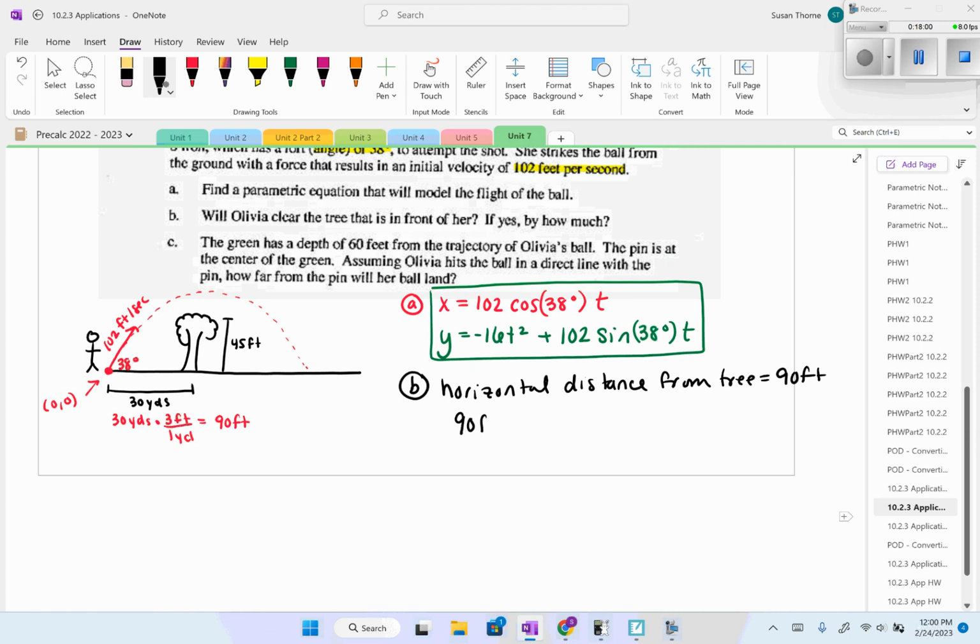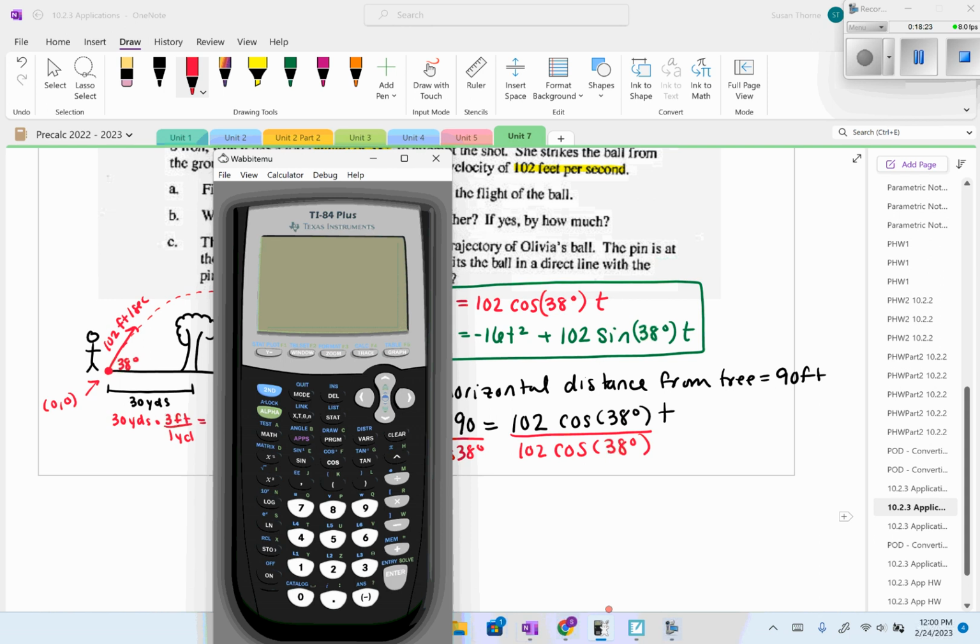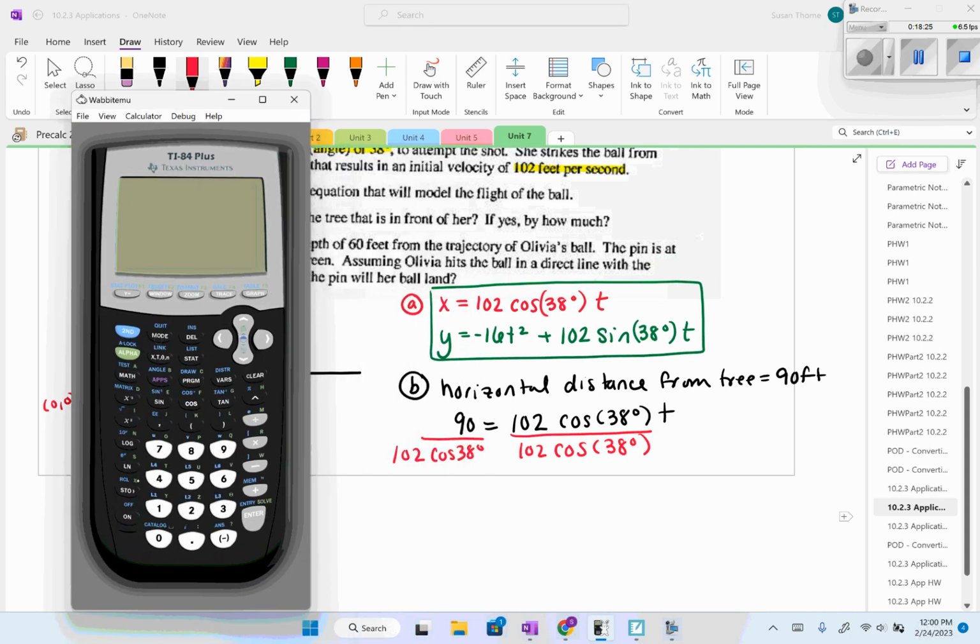So we get 90 is equal to 102 times the cosine of 38 degrees times time. So we're just solving for t. Since this is all multiply, we just divide it out. And when you're using your calculator, make sure you're in degree mode. I already know my calculator is in degree mode, but always a good idea to double check and look at your mode.